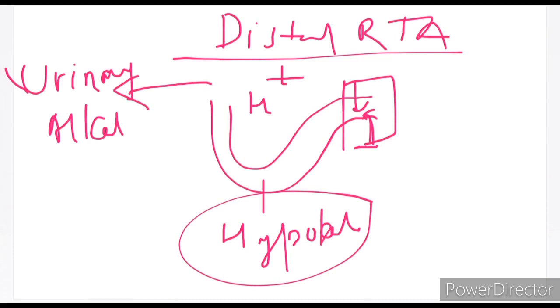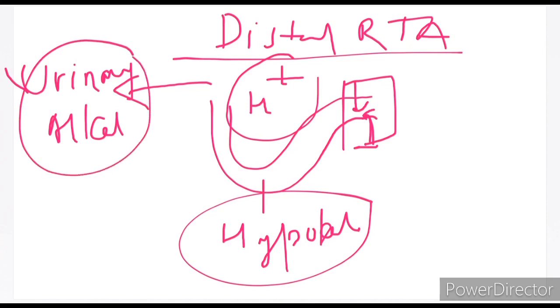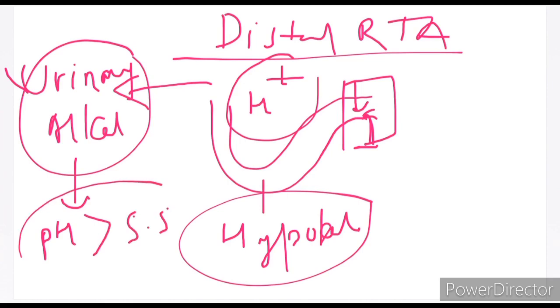Most of the bicarbonate is reabsorbed, but acidification is impaired, so we have urinary alkalosis. As the acidification mechanism in the distal tubule is not working, we have urinary pH more than 5.5.